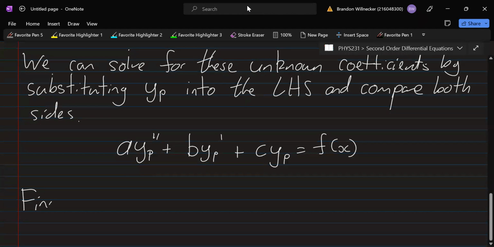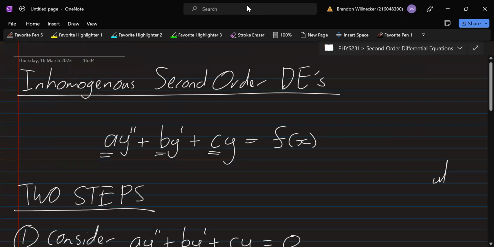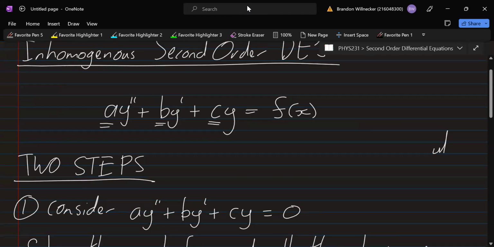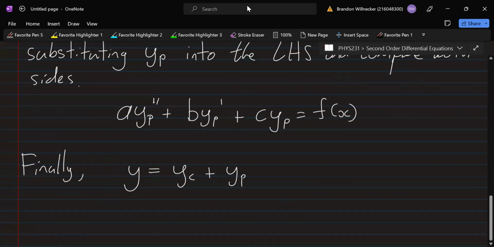Finally, our final solution, y, is going to be the characteristic solution plus the particular solution. And remember that the characteristic solution will still have those unknowns. Where this was equal to 0, we had the sum of two terms with two unknowns. We're going to have that as well here. The coefficients for yp are found, we know what those are.